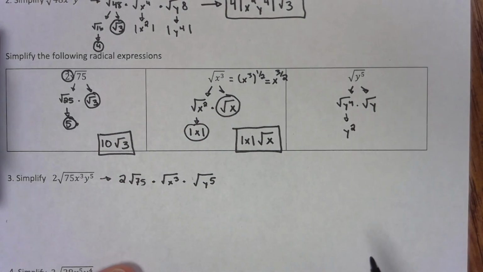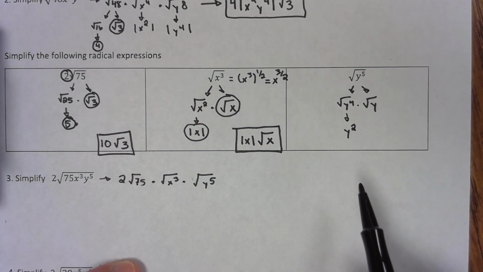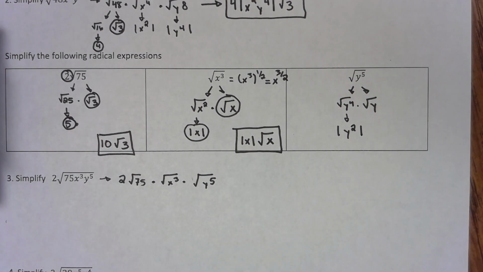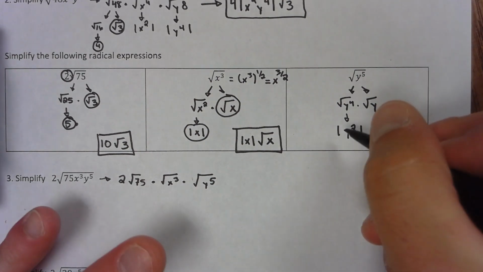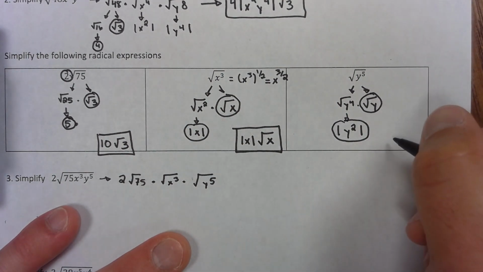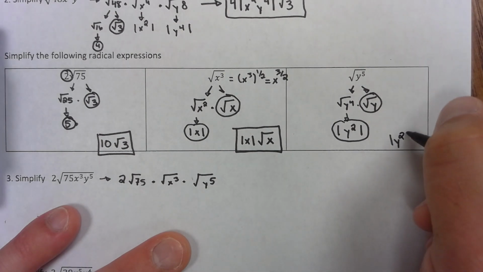Since it was an even root, I should include absolute value brackets. Not 100% necessary because y squared is already positive, but I want them on our radar. And then the root y has to stay as root y. There's no other perfect squares that divide it. So this is the absolute value of y squared times root y.